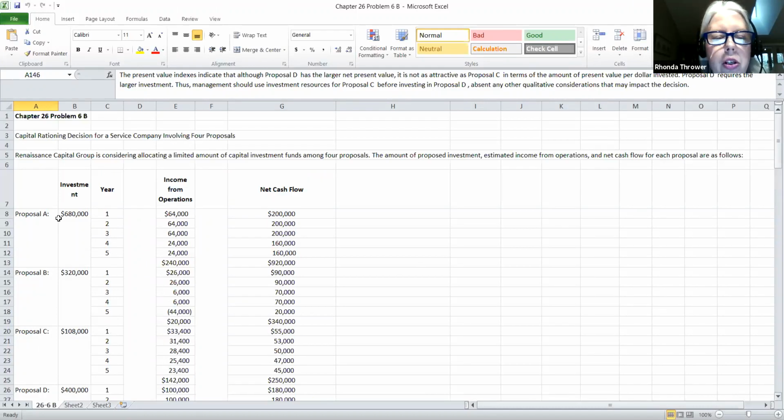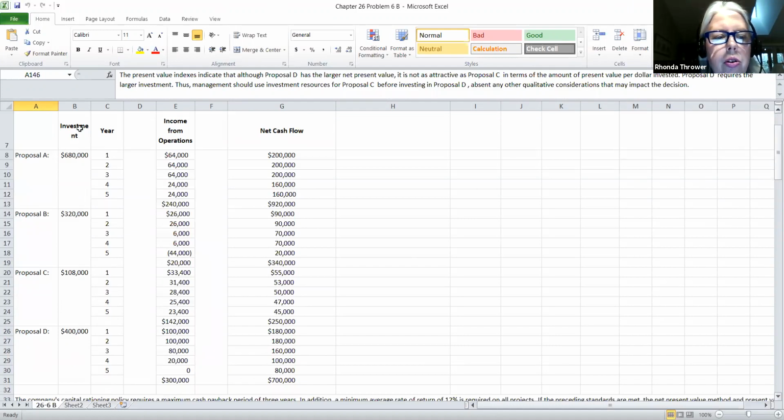They've also given you the estimated amount of income that could be produced from each proposal, and the net cash flow they are expecting from each one.